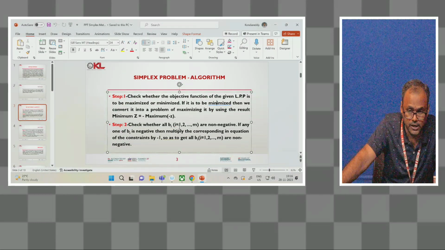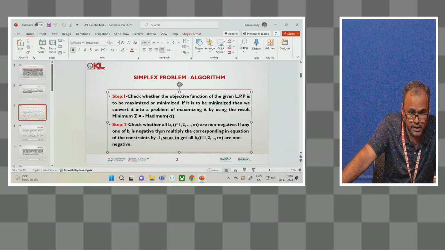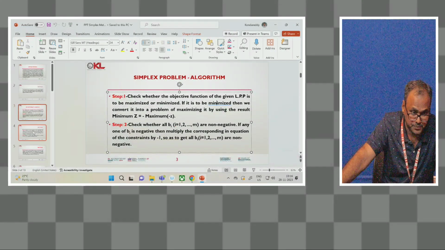For that only there is a need of conversion, otherwise no need. Step 2, check whether all available resources, that is the bi's, are non-negative. If any one of the bi is negative, then multiply the corresponding inequation of the constraints by -1, so as to get all bi's non-negative.